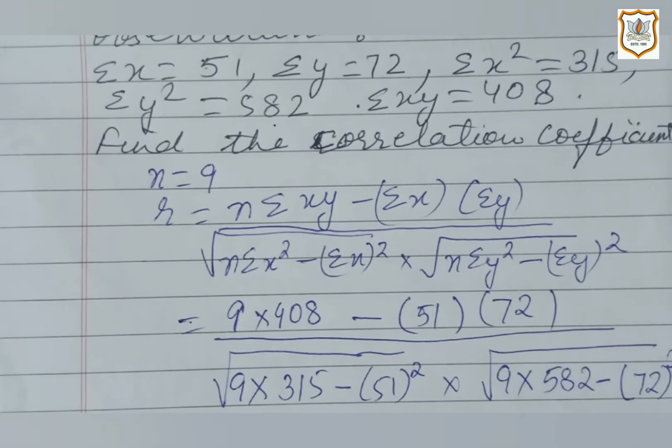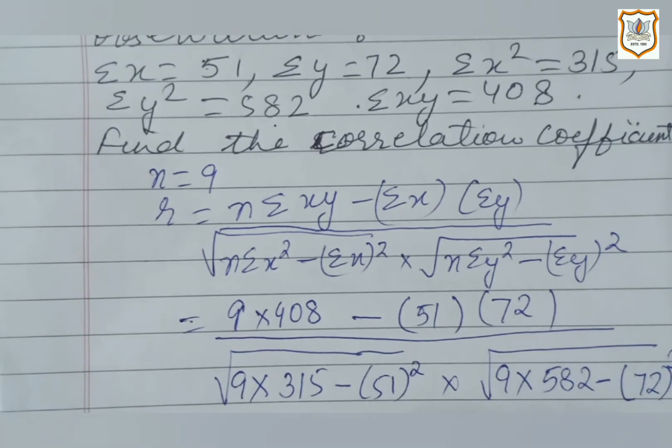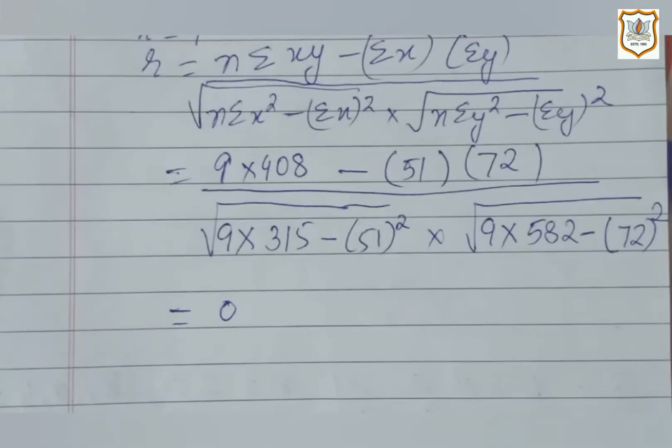Now you already know how to solve this sum, so solve it out. The answer which you should get is 0. What do you mean by 0? There is no correlation between the two variables.